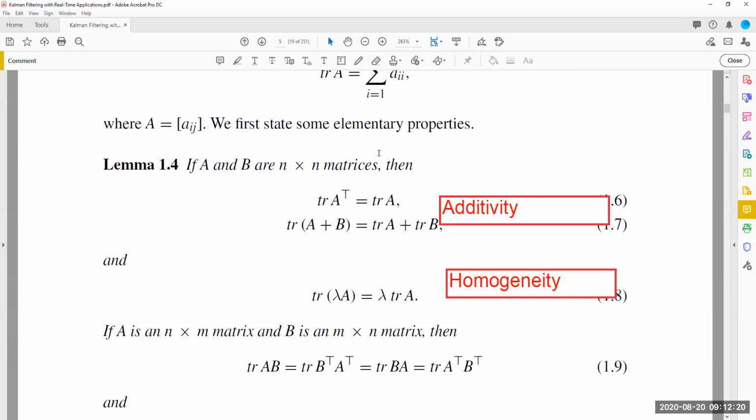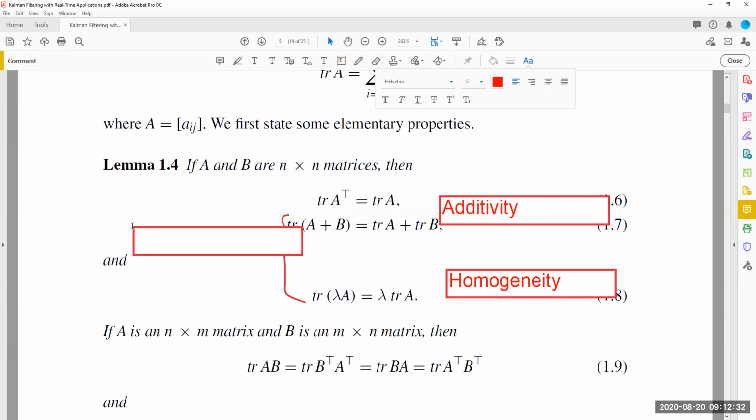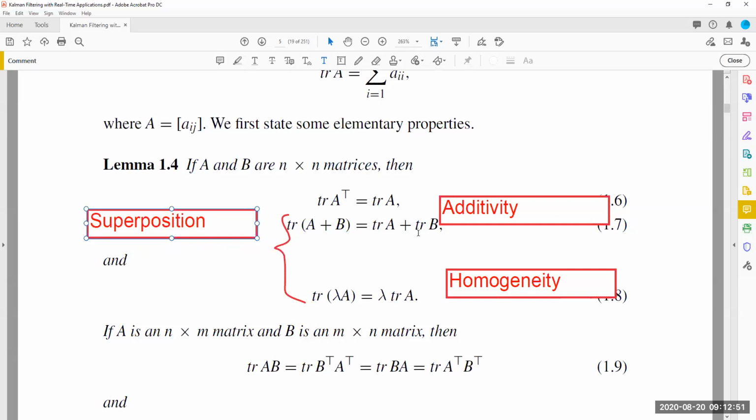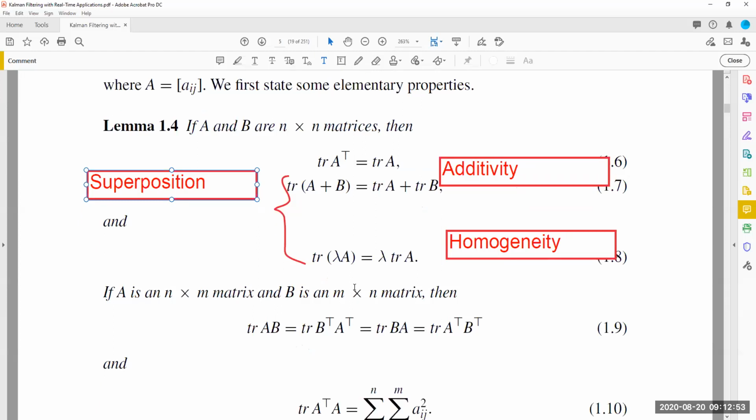If we consider the trace as an operator, then we combine these two, and we know the trace satisfies the principle of superposition. Basically, if something satisfies superposition, it is linear. So if you consider the trace as an operator, it's a linear operator.